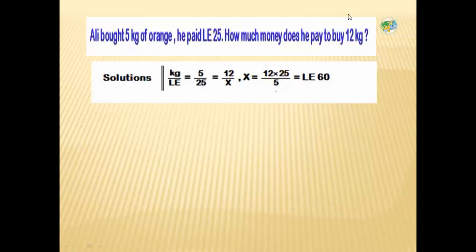The number of kilograms was 5 kilograms over 25 equals, and here we put how much money he pays to buy 12 kilograms. Then by cross multiplication, 12 times 25 over 5, the final answer is 60 pounds.